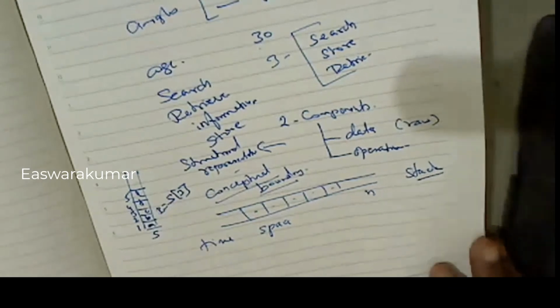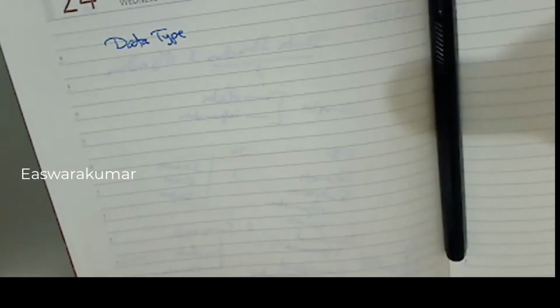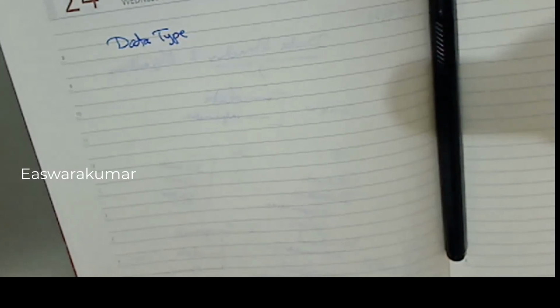Then the next thing is data type. You have studied the concept of data types in programming languages, even in C. So int, float, double, these are all called data types.